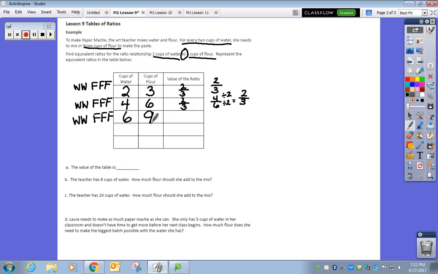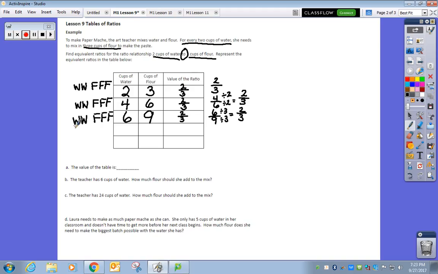To find the value, I write that as a fraction, 6/9, and put it in simplest form. 6 divided by 3 is 2, and 9 divided by 3 is 3 to get the value 2/3. Again, all of the ratios in this table have the same value.